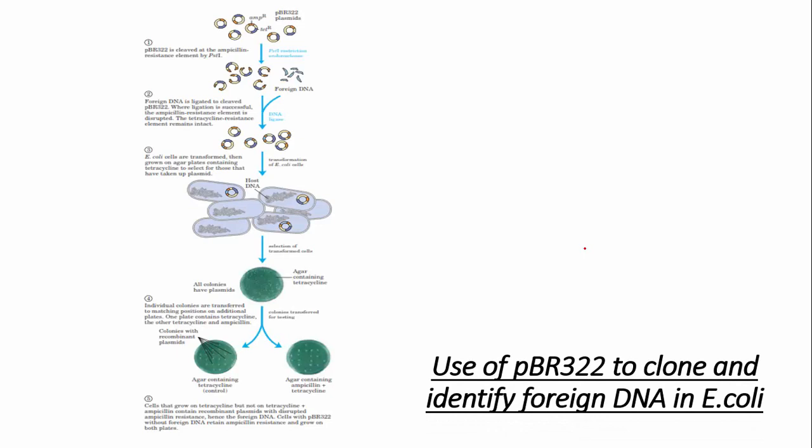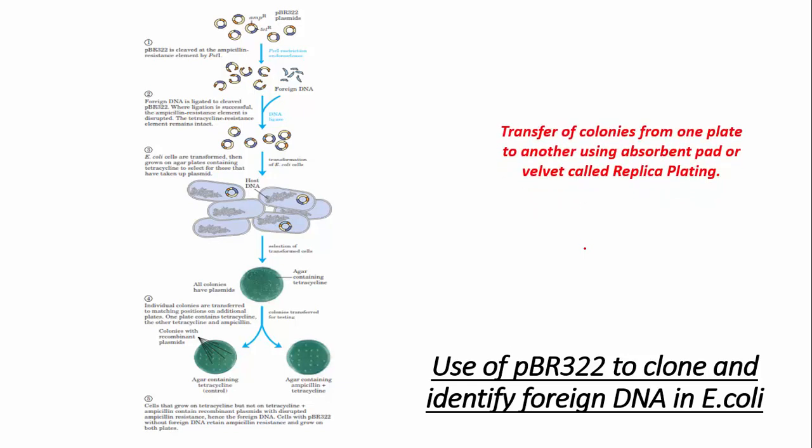So here we study how pBR322 plasmid can be cloned and used to identify foreign DNA in E. coli. First, here you can see our plasmid pBR322. It has two resistance genes, ampicillin resistance gene and tetracycline resistance gene.